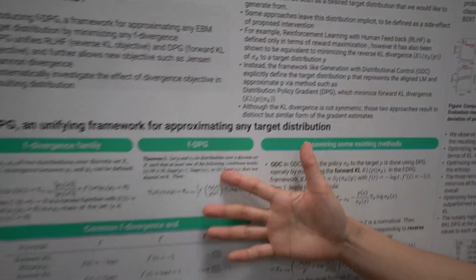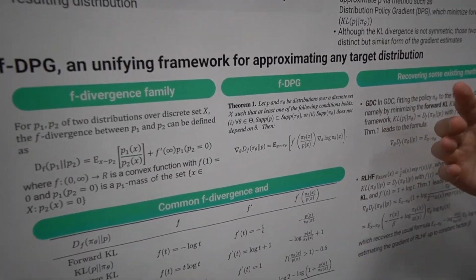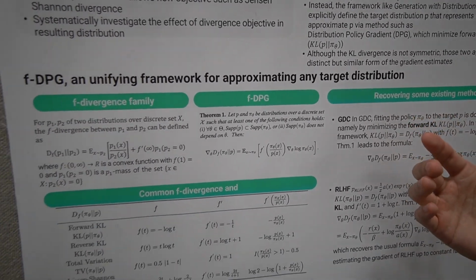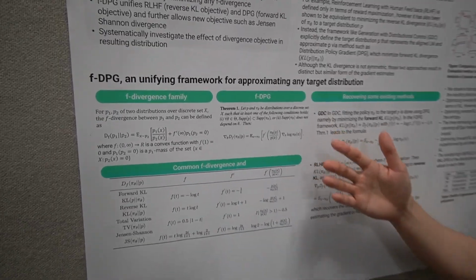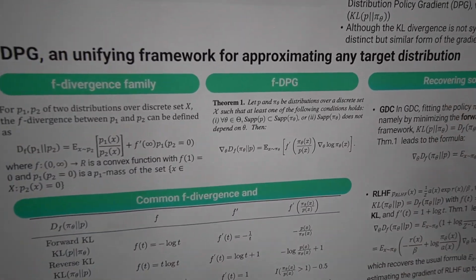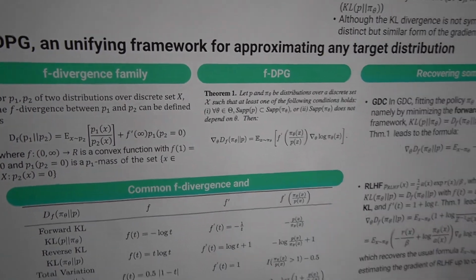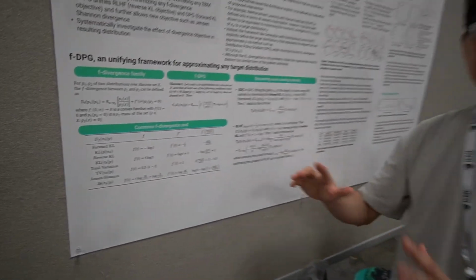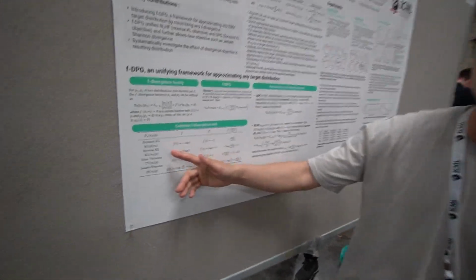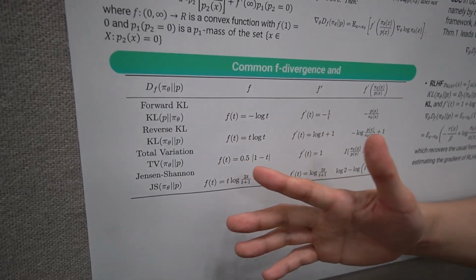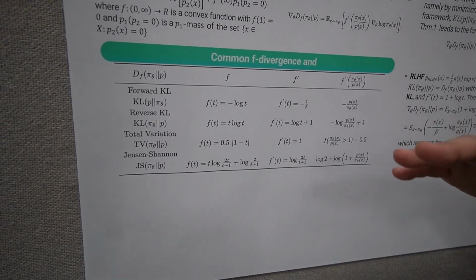In this theorem, we can see that yes, we can generalize it. Using f-DPG, we can minimize any kind of objective in the f-divergence family. The f-divergence is a family of divergences between two distributions, which includes forward KL, reverse KL, total variation, Jensen-Shannon, and infinitely many other examples.